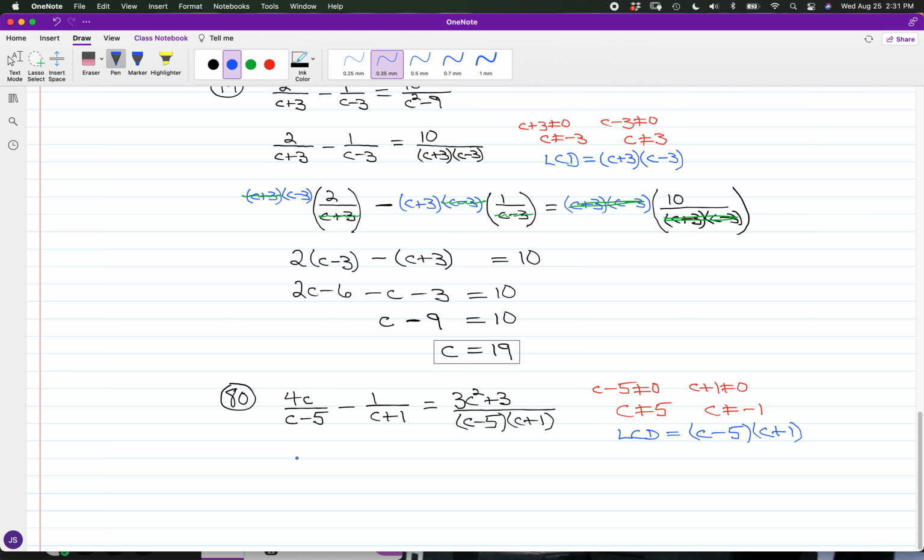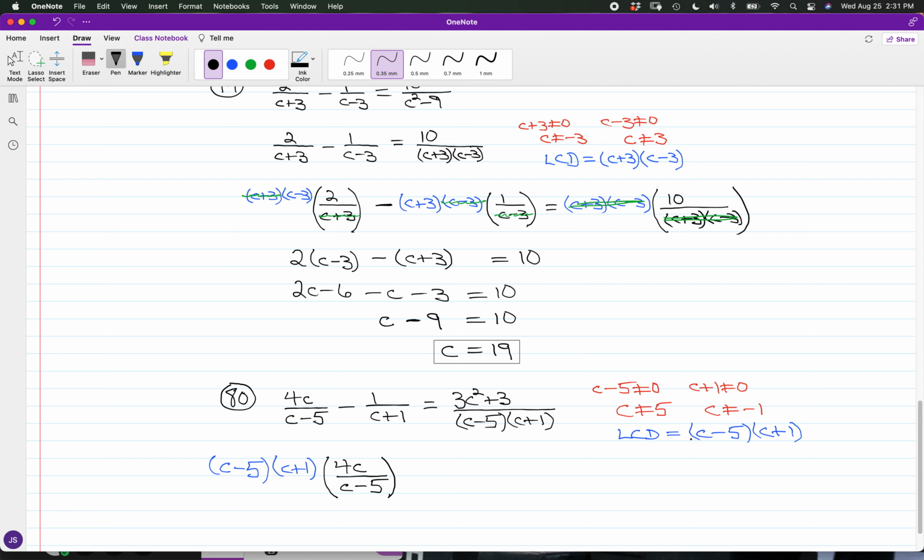And so applying the least common denominator over these expressions, you got c minus 5 times c plus 1, then we have times 4c over c minus 5.